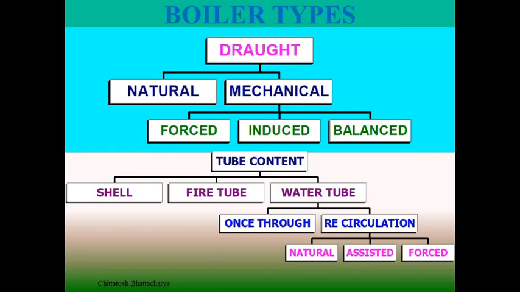Otherwise, we have the provision of mechanical draft, either a forced draft system or sometimes an induced draft system, and most of the high capacity utility and power boilers have a balanced draft system.